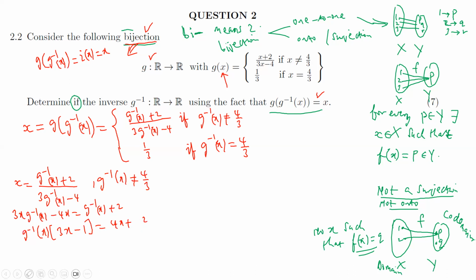So we divide. We've just taken one part, and then I'm going to take the other part. Which means G inverse is 4x plus 2 divided by 3x minus 1.